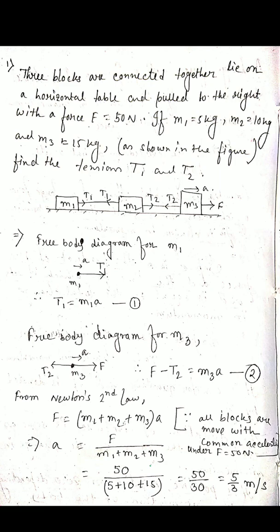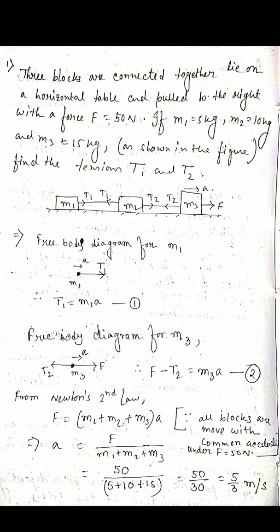So on M1, T1 is towards M2, and on M2, T1 is towards M1, because there is one string between M1 and M2, so the tension is the same, T1. Between M2 and M3 it is T2. The acceleration is towards the applied force.